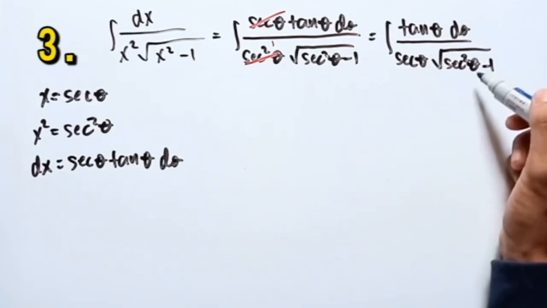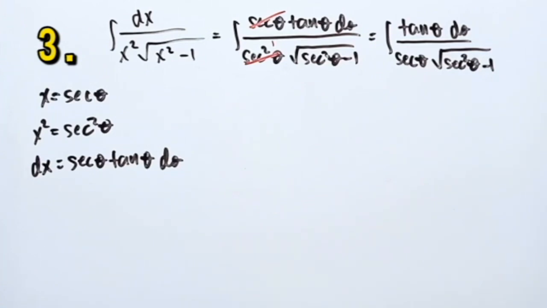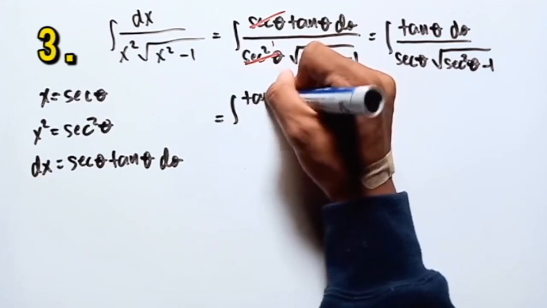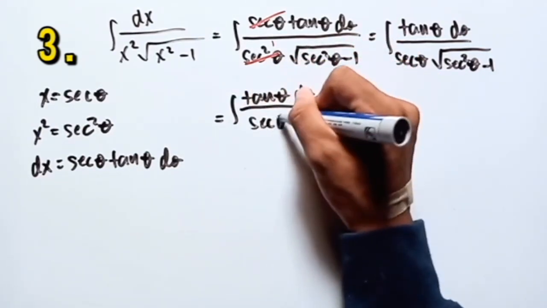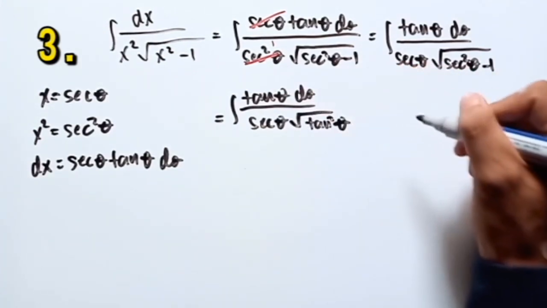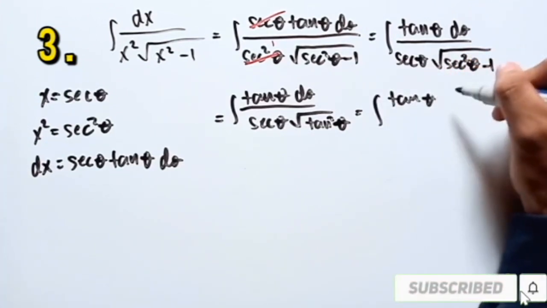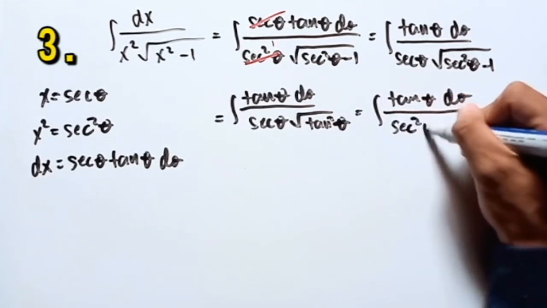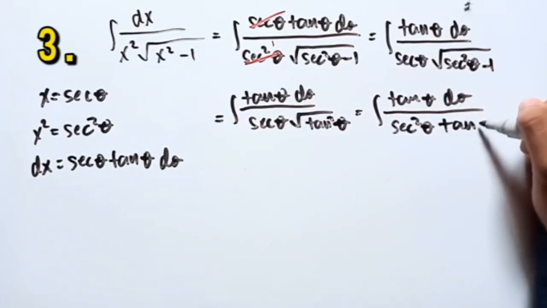And secant squared theta minus 1 is equal to tan squared theta. So this is equal now to the integral of tan theta d theta over secant theta times the square root of tan squared theta. The square root of tan squared theta is tan theta.